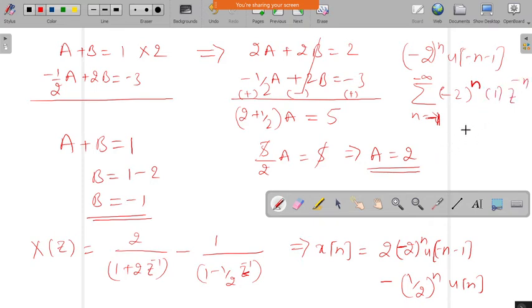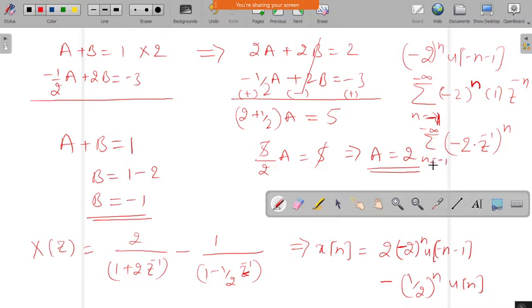Like this we can take. Now we can combine this, which is minus 2 into z power minus 1 whole power n. Now if you take the summation n equal to minus 1 to minus infinity.